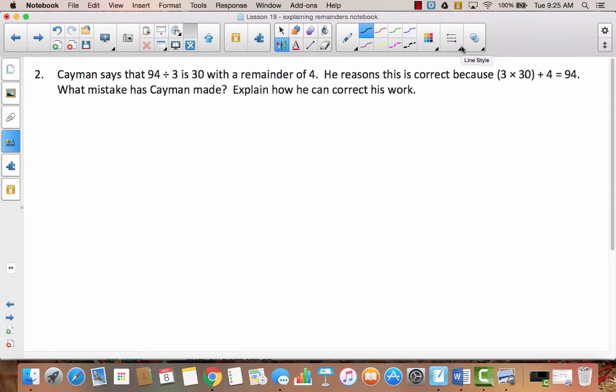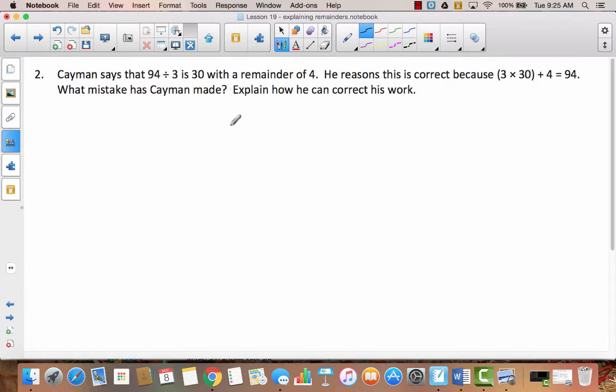All right, so let's take a look at number 2. Kamen says that 94 divided by 3 is 30 with a remainder of 4. He reasons this is correct because 3 times 30 plus 4 equals 94. What mistake has Kamen made? Explain how he can correct his work. Well, we learned in problem number 1 that 94 divided by 3 is not 30.